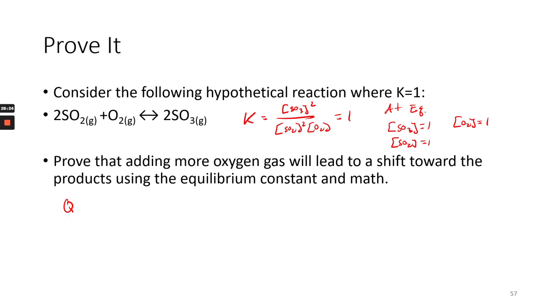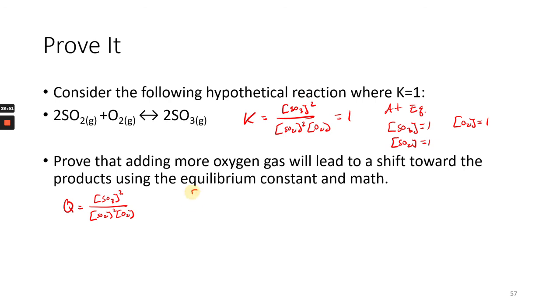I need to calculate Q. It says here, by adding more oxygen, I am not at equilibrium anymore. Remember, Q is the same relationship, but you're using values that are not at equilibrium. According to our problem, everything is remaining the same except oxygen.